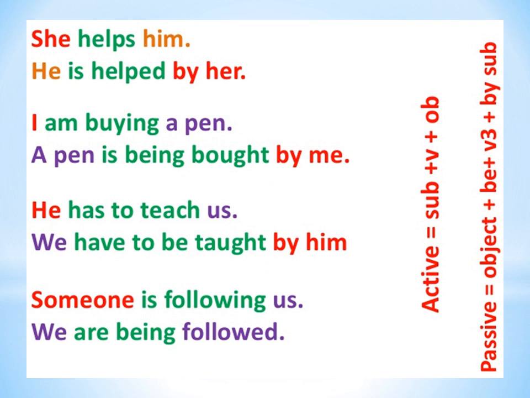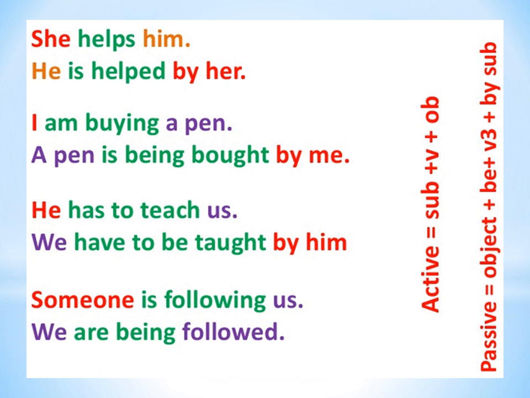Dear students, now we are going to take a look at the following examples in order to find out how we could change a sentence from an active one to a passive one. The first sentence: She helps him. She is the subject of the sentence, helps the verb, him the object. According to the previous rules, number one, we are going to move the object from the end of the sentence to the beginning of the sentence.